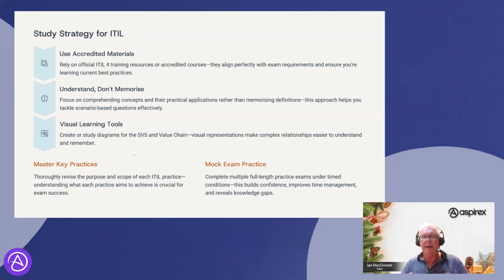So don't rely completely on memory, because to be blunt, there's a lot of material in ITIL 4 Foundation. The ability to recall all of it instantly in the middle of an exam is probably difficult. So really get that understanding. One way you can do that is through visual learning tools.